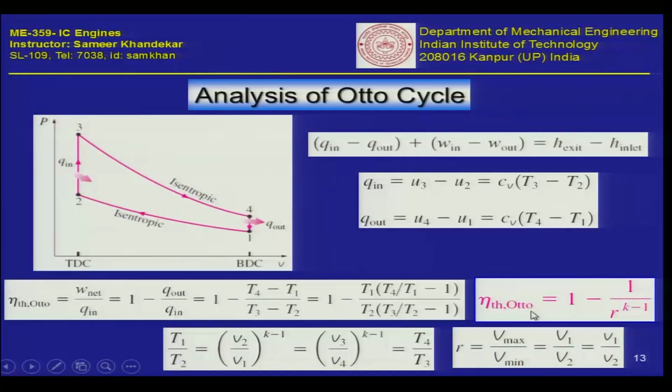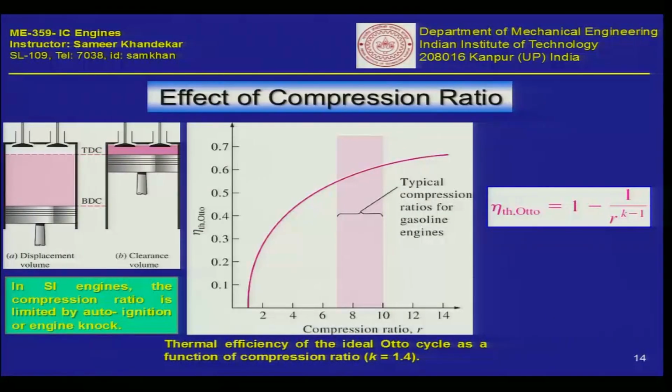Now, as you can clearly see, the efficiency of the Otto cycle here is a function of the compression ratio R and the index of compression k. So let us try to plot this and see how the compression ratio affects the efficiency of the Otto cycle. As you can see, this is our expression, 1 minus 1 divided by R to the power k minus 1.